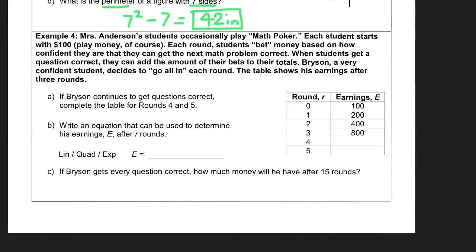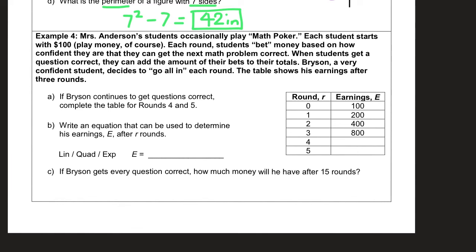Bryson, a very confident student, decides to go all in each round. The table shows his earnings after 3 rounds. If Bryson continues to get questions correct, complete the table for rounds 4 and 5. And B, write an equation that can be used to determine his earnings E after R rounds.